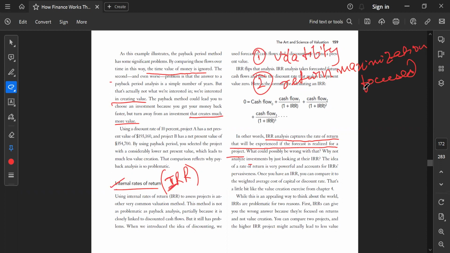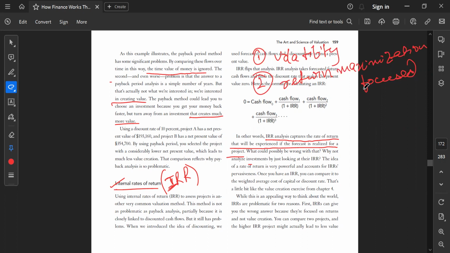Okay, so a return maximization focused approach is not a very good measure because again our aim is to maximize value, not maximize return.